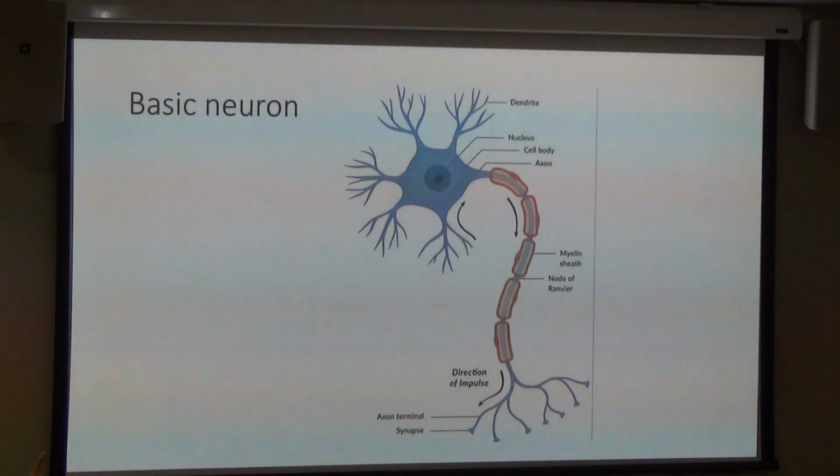I said peripheral nervous system, so that has to be myelin sheaths with nodes of Ranvier, and there has to be an axon terminal with one or multiple synapses. Everyone get that? So you can mark each other and be rude. Out of 1. I have 0 or 1.